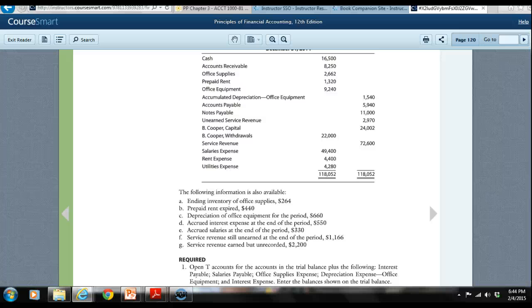Correct. Do you see that we need to make an adjustment? Because we really don't have $2,662 sitting in office supplies. We only have $264. We've used up office supplies, so it's no longer an asset sitting on our books. We reduce our asset and we now have an expense.